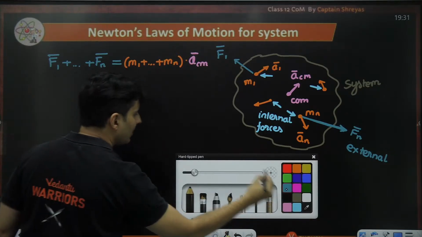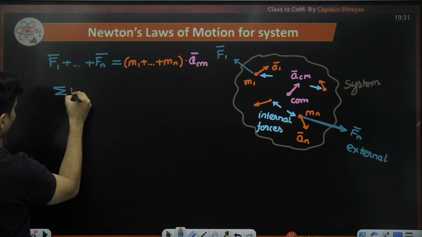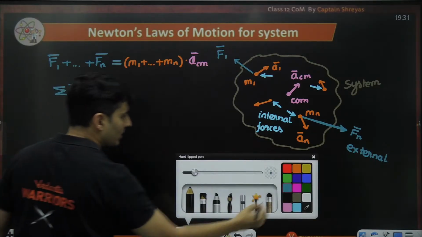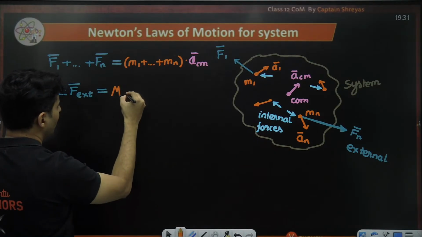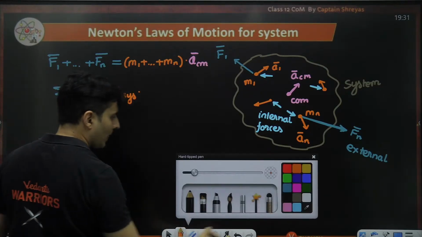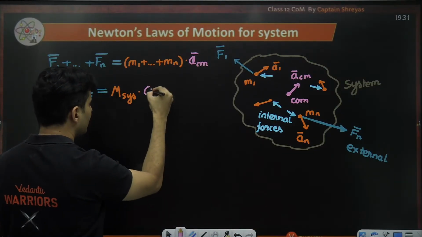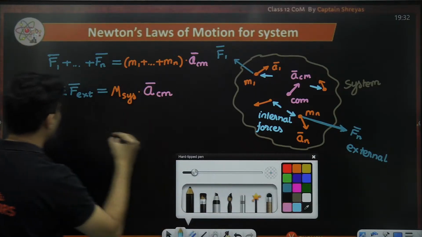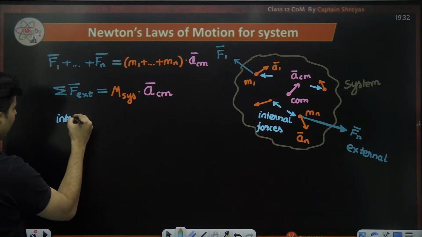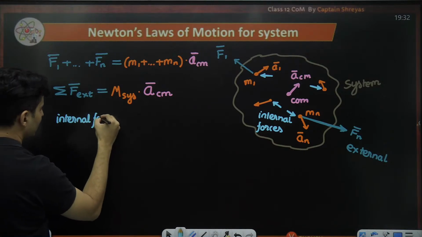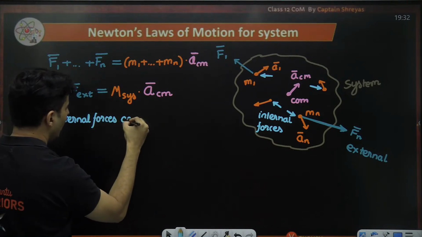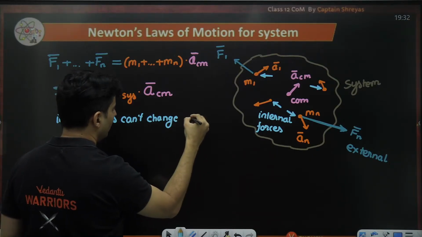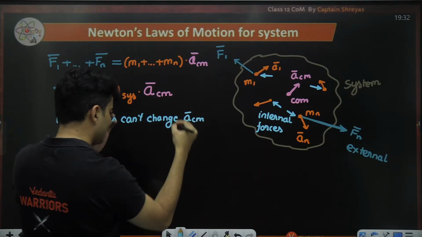So this tells me that my net external force is the total mass of the system into acceleration of the center of mass, and internal forces can't change the acceleration of center of mass.